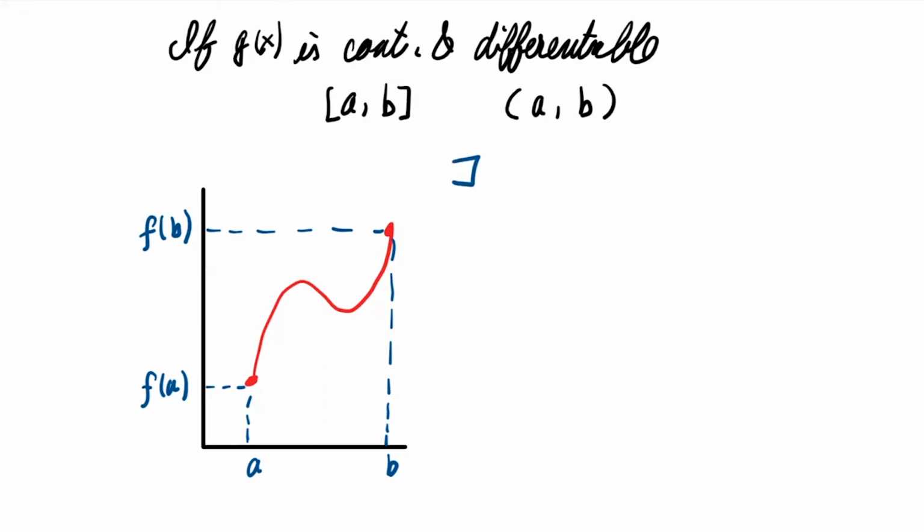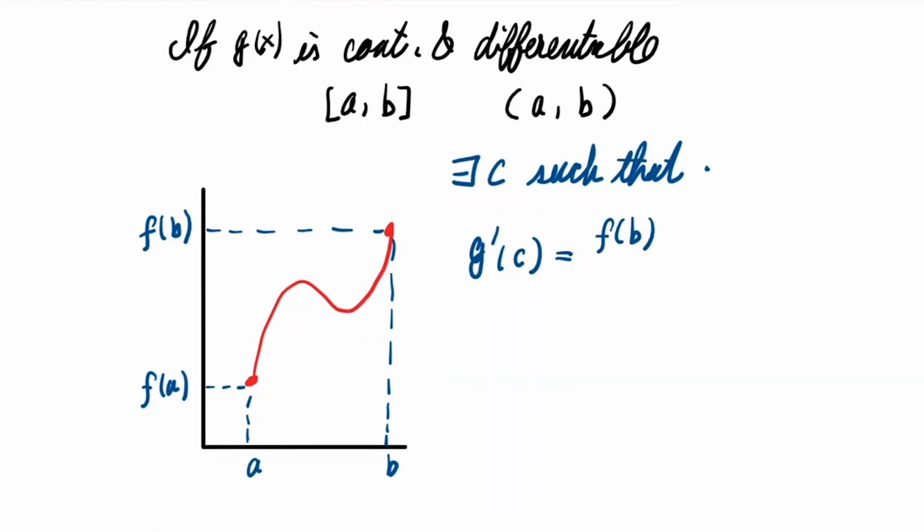Then there exists c such that g'(c) is equal to the average slope, g(b) minus g(a) over b minus a. I call this function g, and I do that for a reason. Okay, this is known as the mean value theorem.